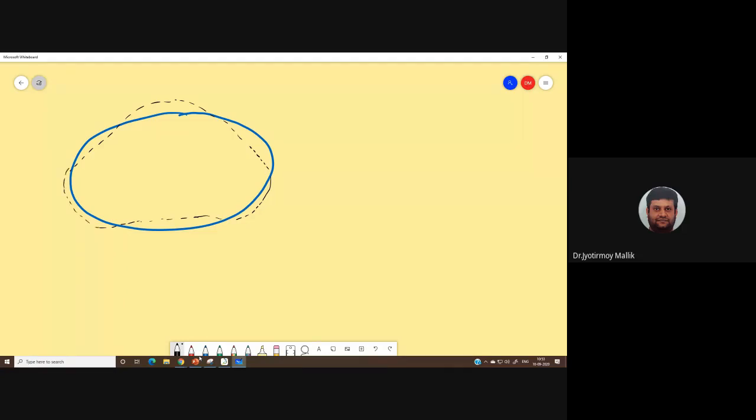It's not a perfect drawing, but you can think of it. So this is my international reference ellipsoid.